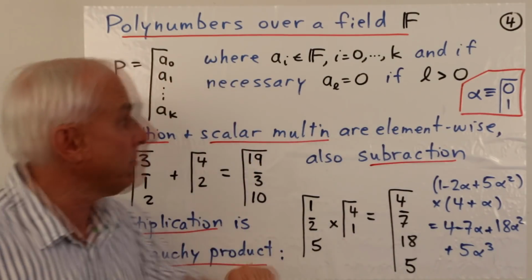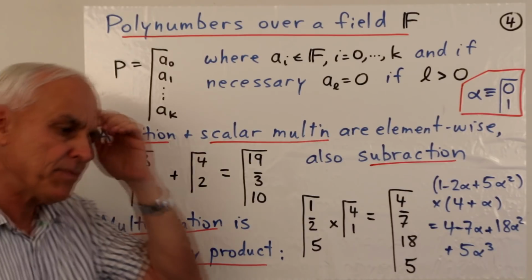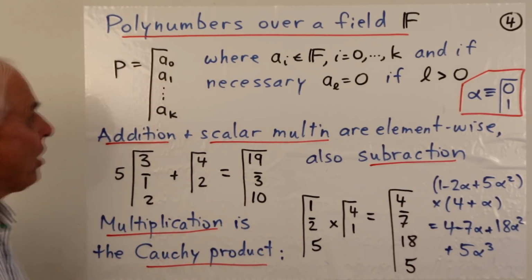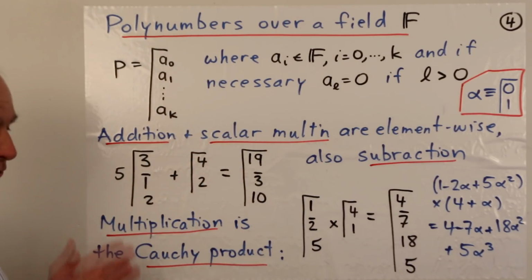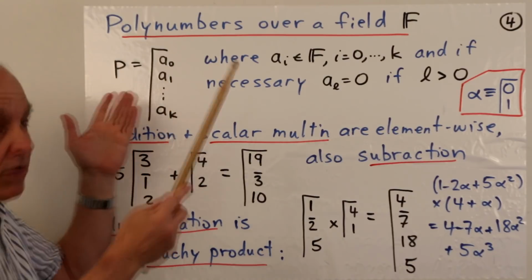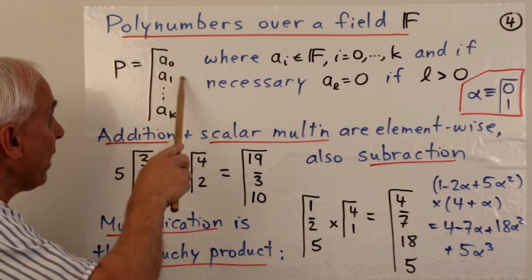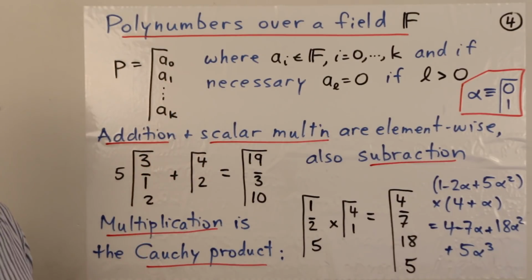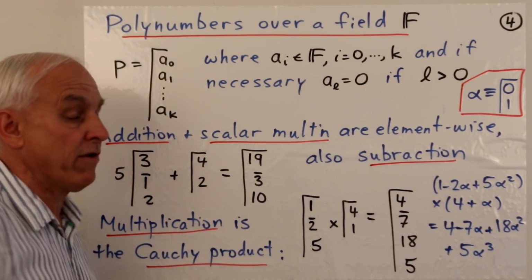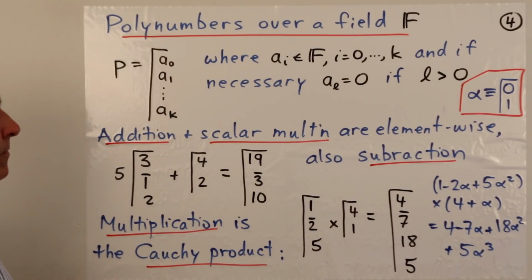And we can do that by adopting almost a data structure kind of point of view towards things. So the fundamental object, a polynumber over a field F, is an object that looks like this. It's a vertical list of numbers, A0, A1, A2, all the way up to A sub k, and all of these numbers are elements in whatever field we're working over.